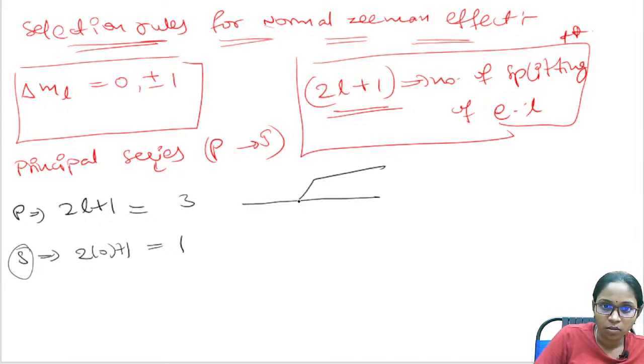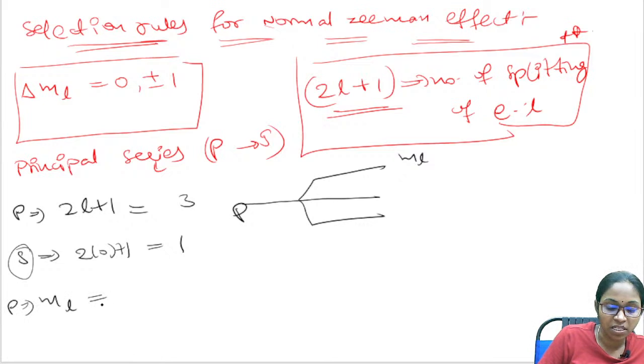The P orbital is split into 3 energy levels, and here we will consider ML values, not J values. For the P orbital, ML can take values from minus L to plus L. Here the L value for the P orbital is 1, therefore ML values will be plus 1, 0, minus 1.